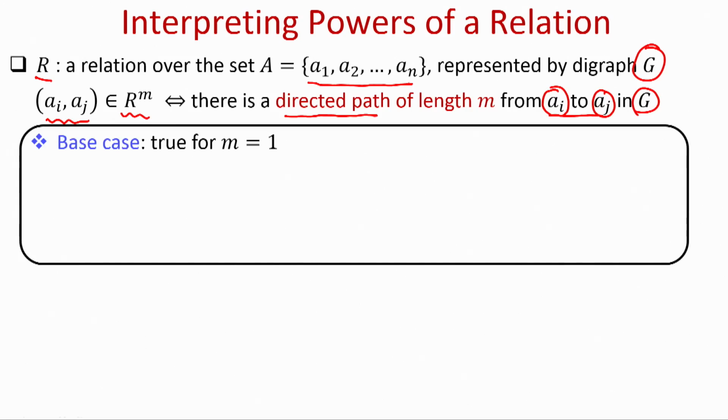But right now we want to prove this nice theorem regarding the power of a relation. And since this is a universally quantified statement, because even though the universal quantification is not explicitly available here, the statement is for all m greater than equal to 1.